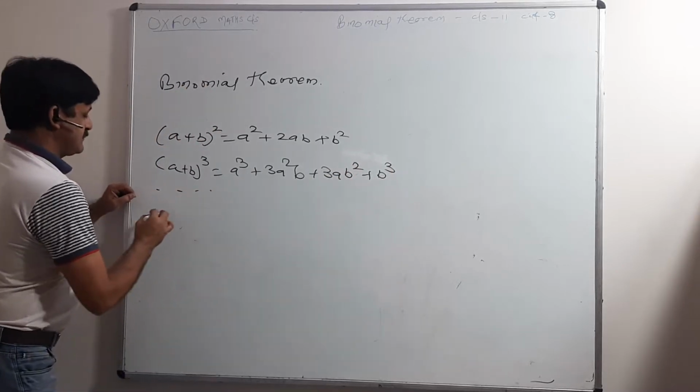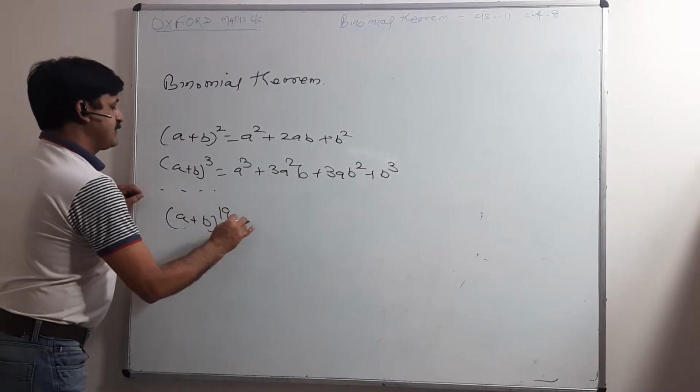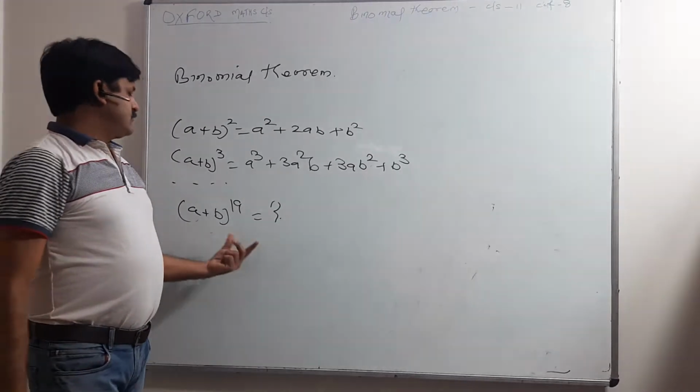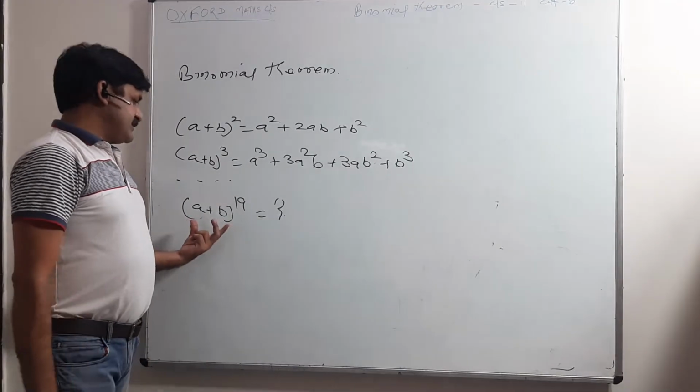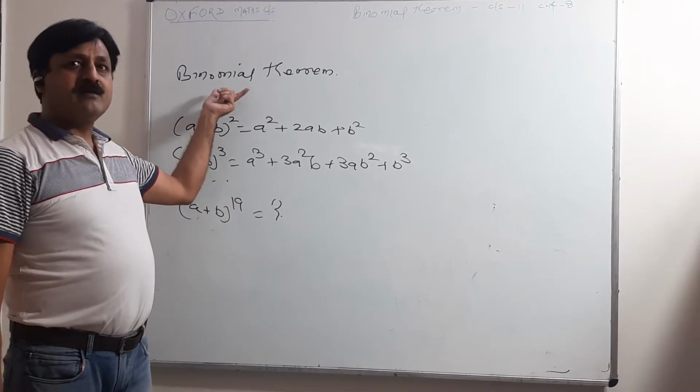And if it is (a plus b) whole power 19, then what? These types of expansion are solved easily by the binomial theorem.